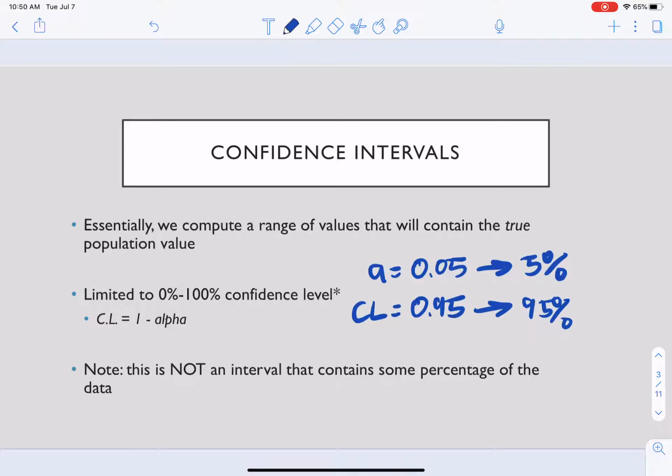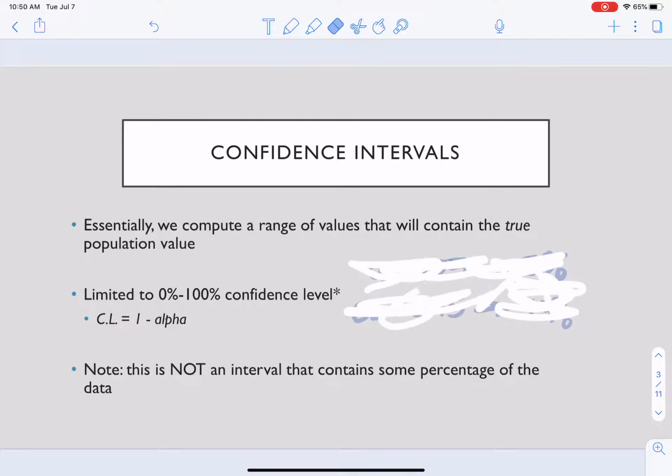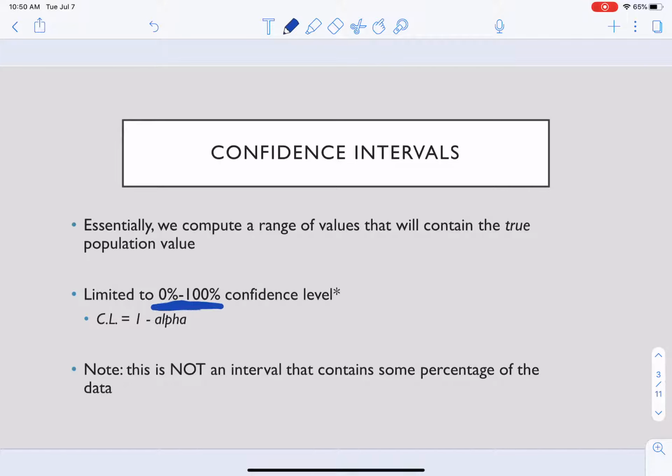So a 95% confidence level means that we're using an alpha of 0.05 and vice versa, okay? Now, I put this little asterisk here for a reason. This range here is not exactly 0 to 100%.